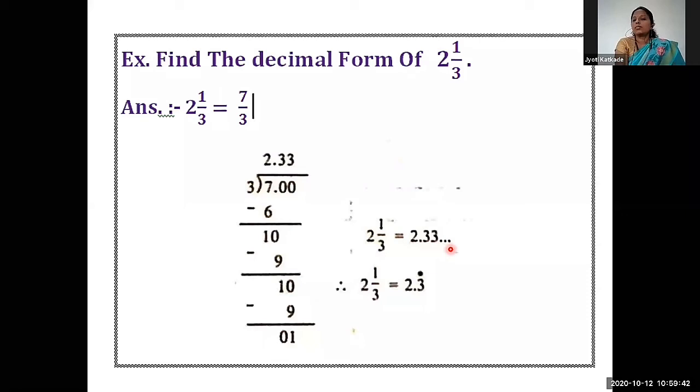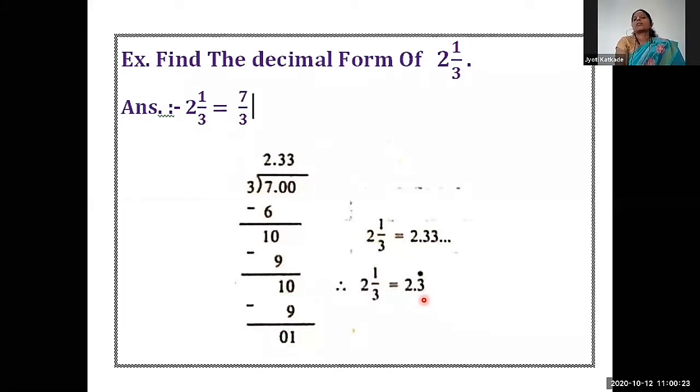That's why this is the recurring form, and we get the answer 2 1/3 is equal to 2.333 up to infinity. We write this as 2.3 with a dot on top of the 3, because the value 3 is repeating. When only one number is repeating, take a dot on top of that number, and when more numbers are repeating, take a horizontal line on top of those numbers.